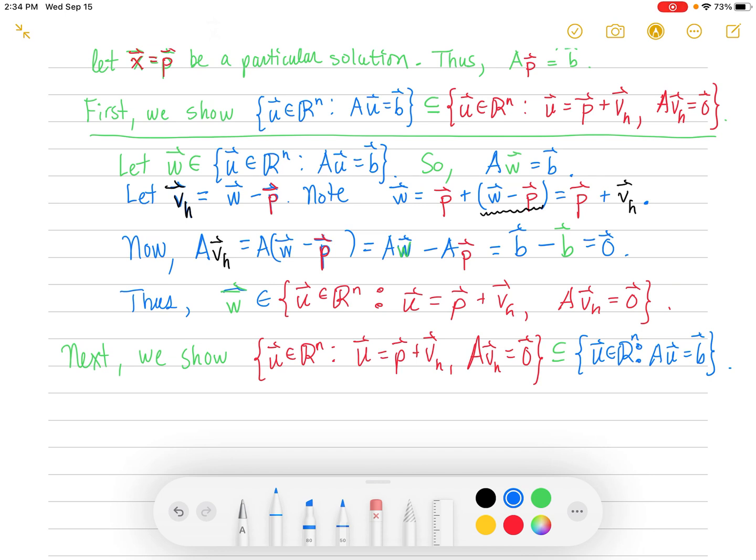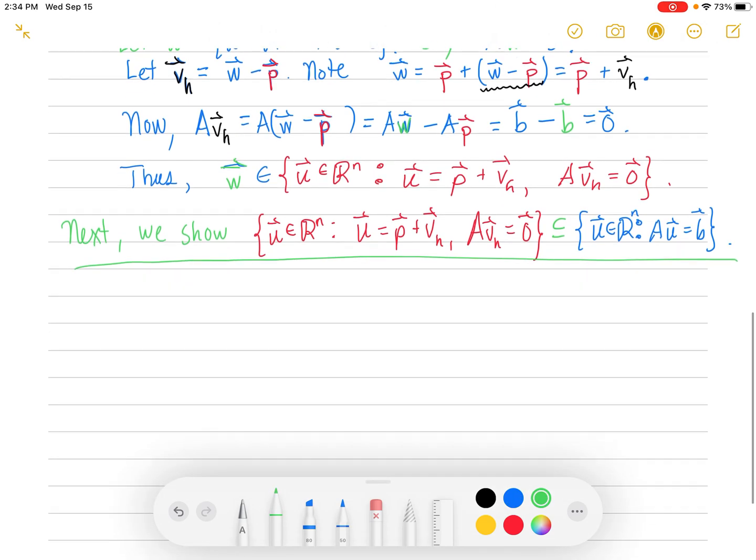In other words, all those vectors that can be decomposed as a particular part plus a homogeneous part are solutions to the equation AX equals B. Now that's what we want to show here.